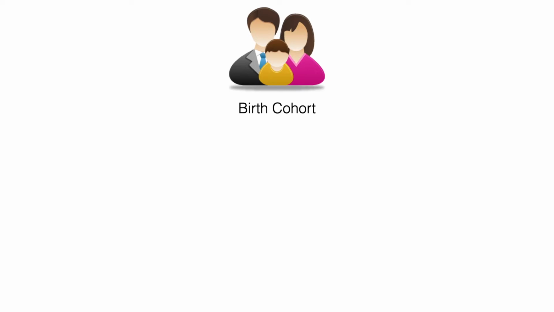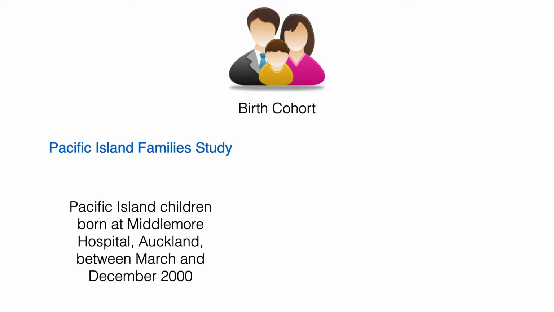So some New Zealand examples include the Pacific Island Family Study, in which the cohort is made up of Pacific Island children born at Middlemore Hospital in Auckland between March and December 2000. And I believe the study also includes their whānau, their family, at least brothers, sisters, and parents, for example, or guardians.